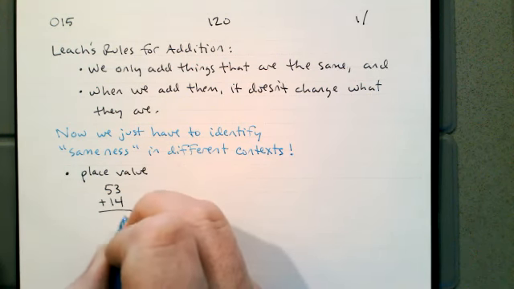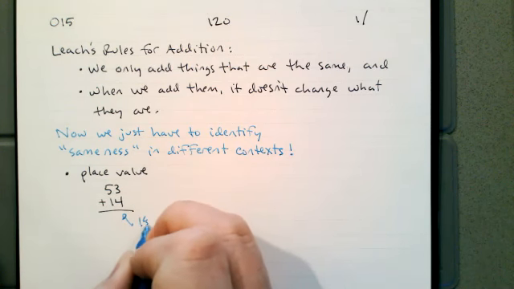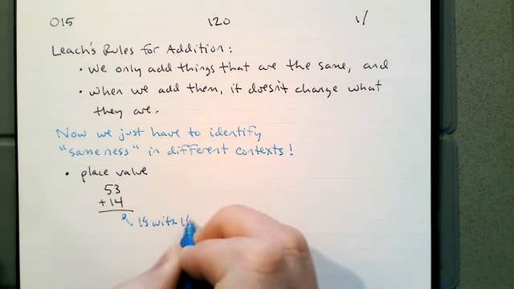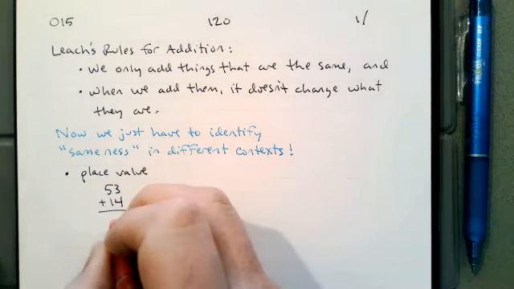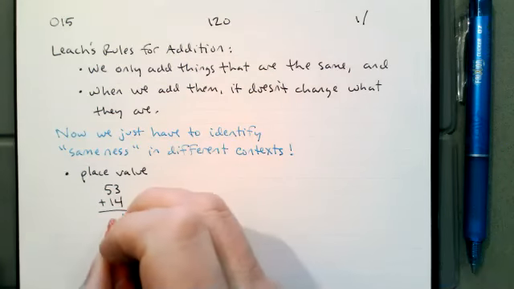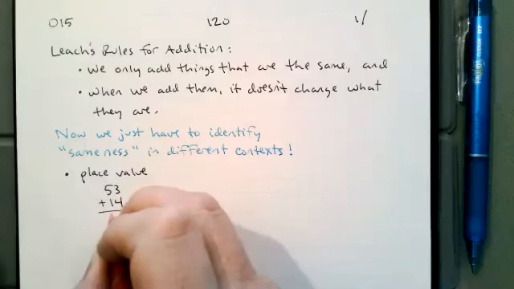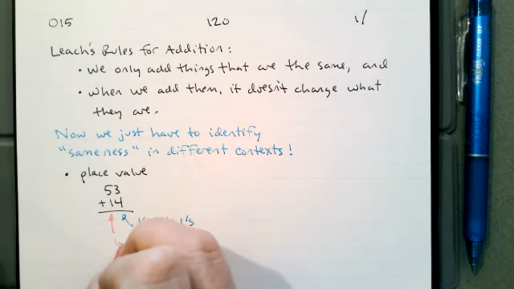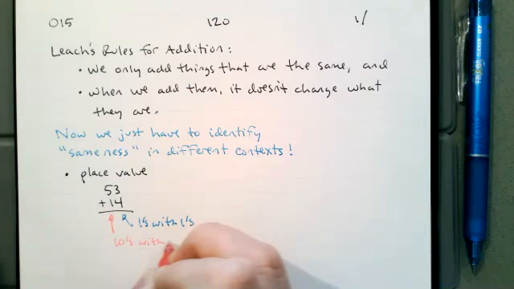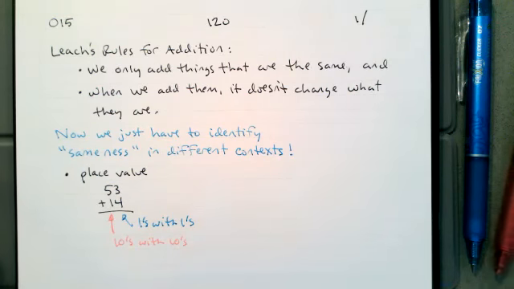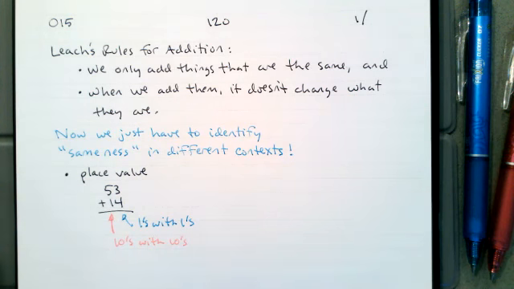Ones with ones, and tens with tens. That's what sameness is when we're just adding up numbers like this. So just understanding place value and addition fits into the concept of sameness. Here the sameness is place value.